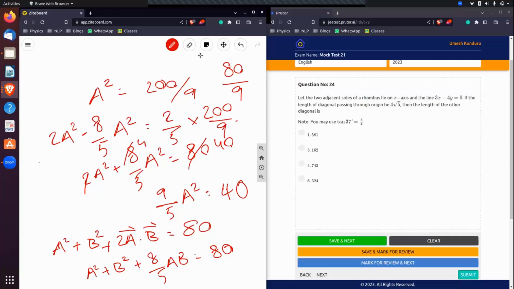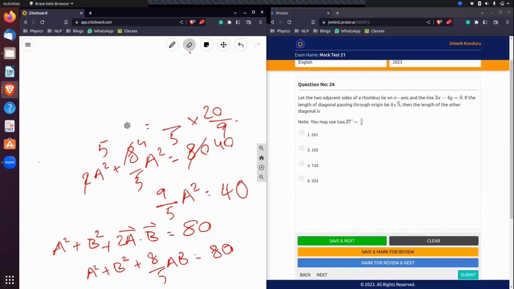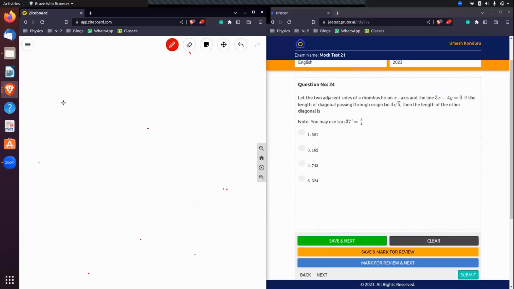Okay, so none of the options seems to match. Let's just do the calculation again. So you have a square plus 2 times 4 by 5 a square equals 80.